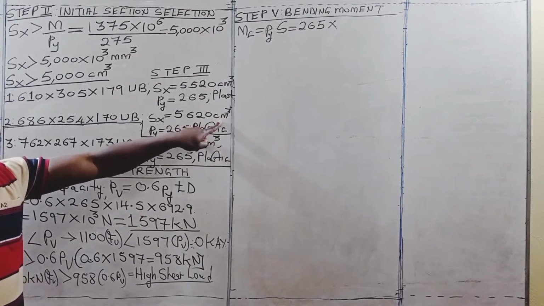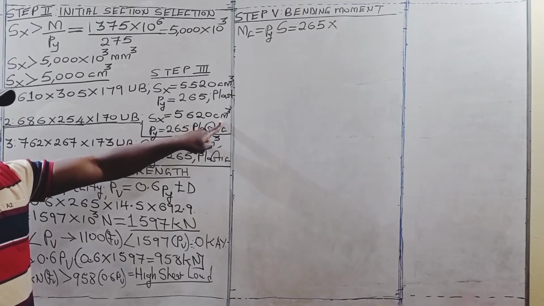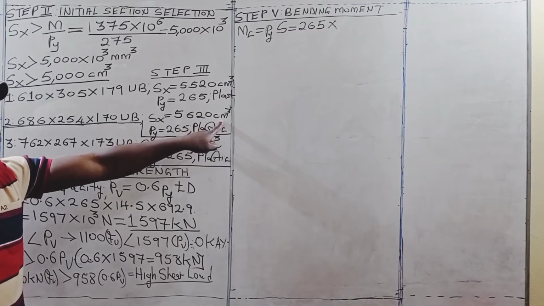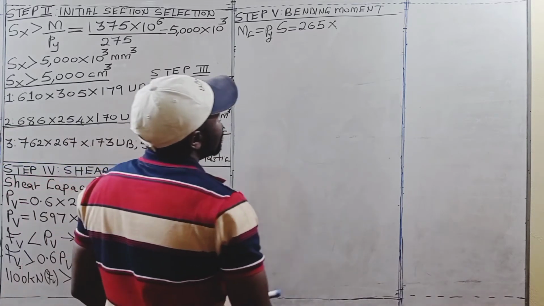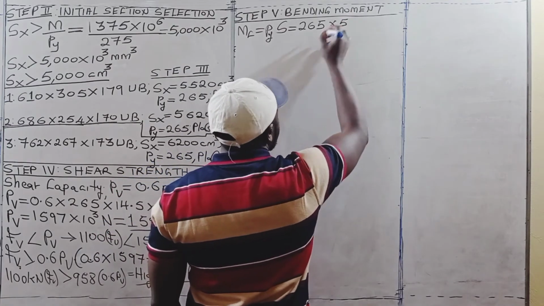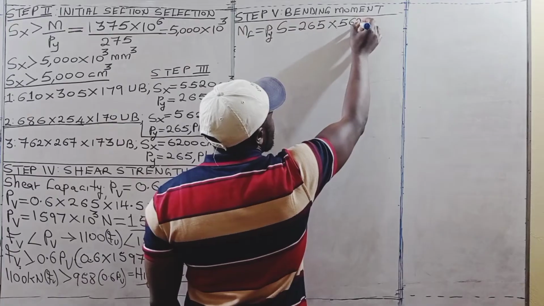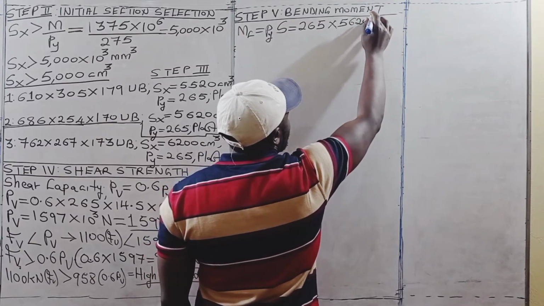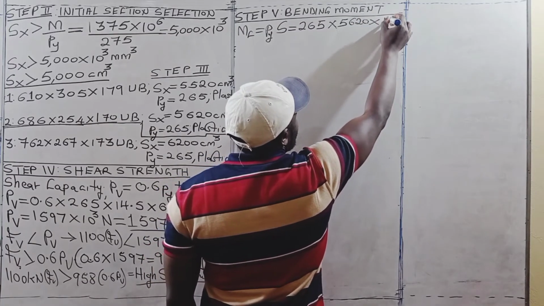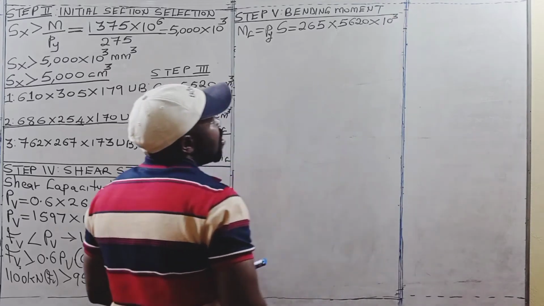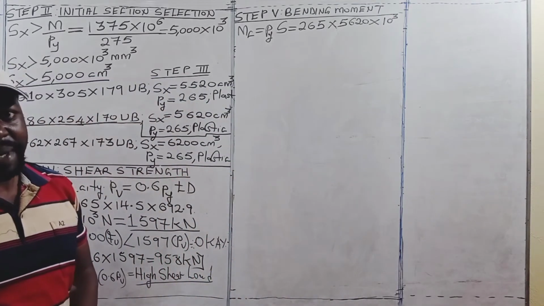We need to convert that to cubic millimeters. That is, we multiply this by 1,000. Therefore, 265 times 5620. Then we multiply that by 1,000 to convert it to cubic millimeters.